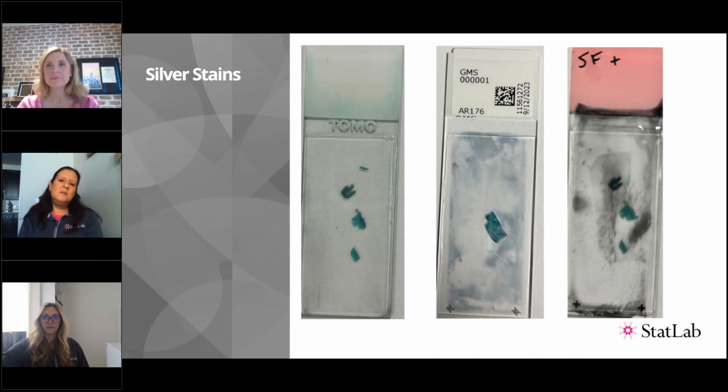With manual staining, you might be able to wipe off some of that background, but sometimes depending on your heat settings, depending on how you've left your slides in the silver, or even depending on how old your kit might be, can cause various degrees of background staining on different slides. So these are just some examples of how much background that you may see on a silver stain.